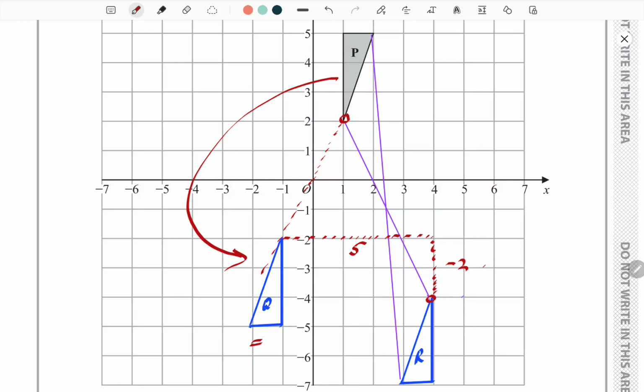And then you pick another corresponding pair of corners. So I've taken the thick end of the wedge and I've connected those two. Where the lines intersect, there, that is your center of rotation.